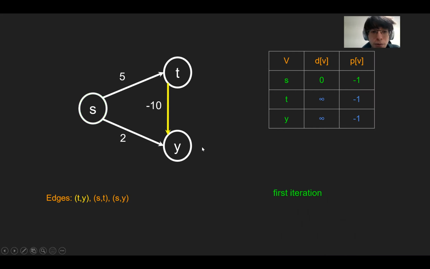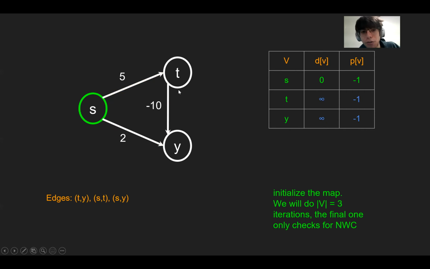The very first thing we do, in the first iteration, is start with edge TY. We notice that TY is one of the problem edges. We're going to relax the edges in the first iteration, and at each iteration we relax all the edges.